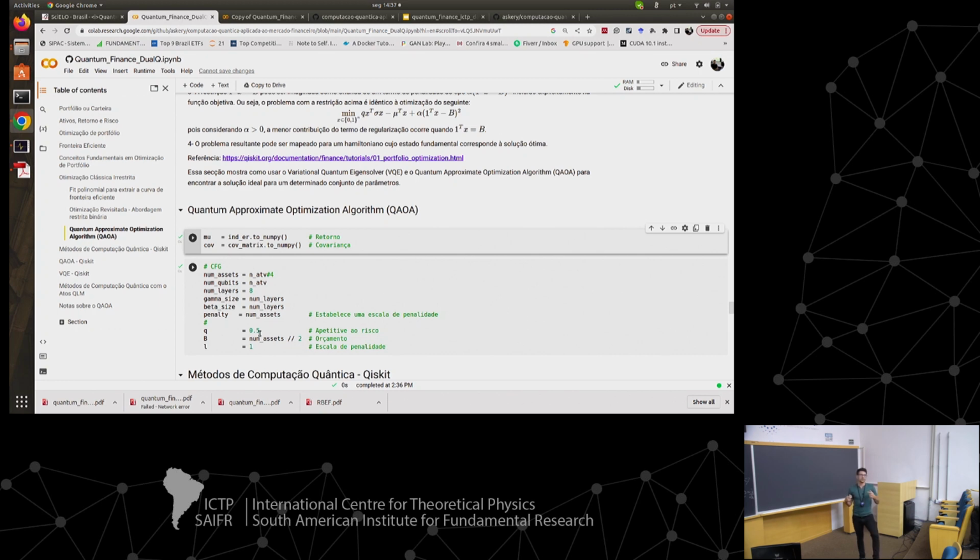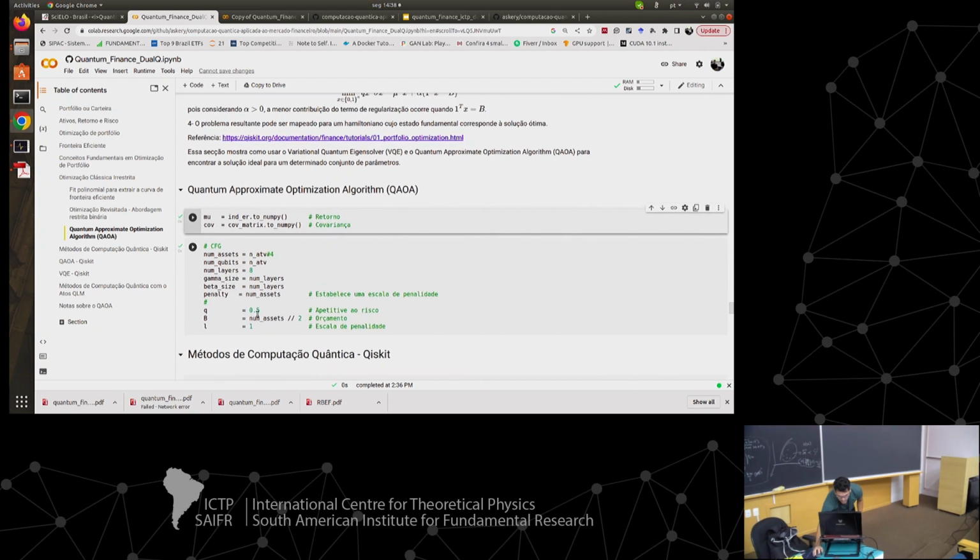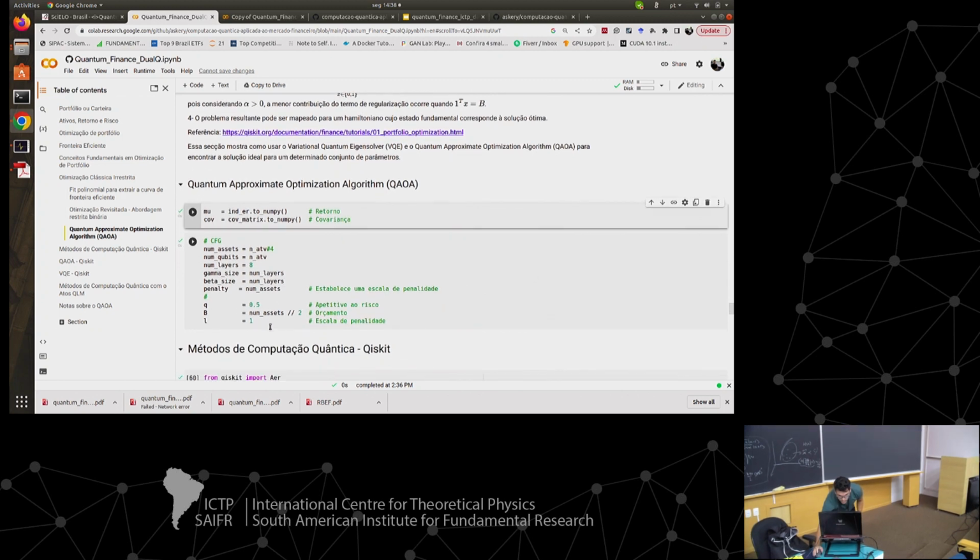So if you put it higher, you're saying that, oh, I'm looking for higher returns, and then I want to get that with the same risk, I have to be more aggressive. So you can set any value you want. Here I set 0.5. The number of assets is 2.